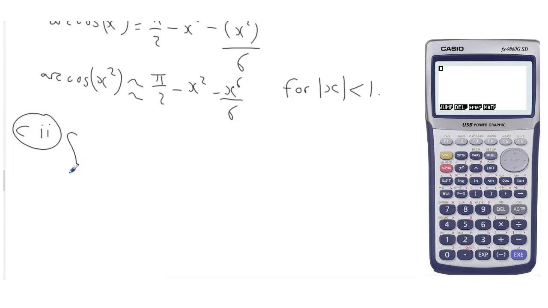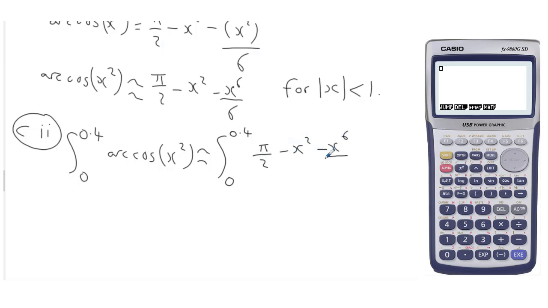The integral from 0 to 0.4 of arc cos x squared is going to be approximately equal to the integral between 0 and 0.4 of pi by 2 minus x squared minus x to the 6 over 6 dx, which is a very simple integral.